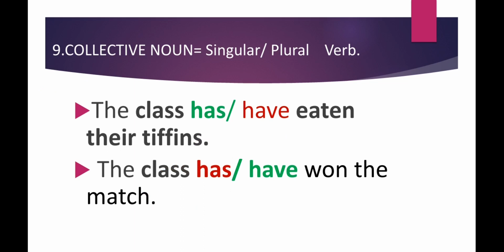Another way to help you here is to find the last word mentioned, tiffins. That's plural, so you can go ahead with a plural verb. Now the second one, the class have won the match. Here you will go ahead with has. The class has won the match.